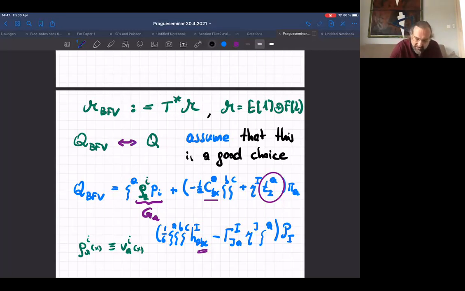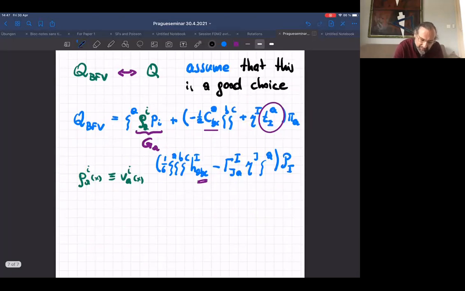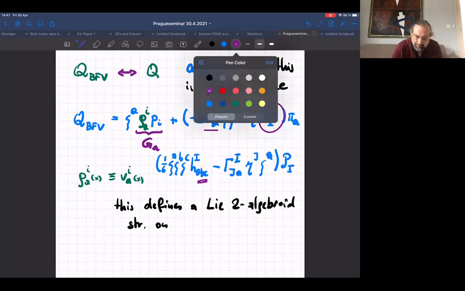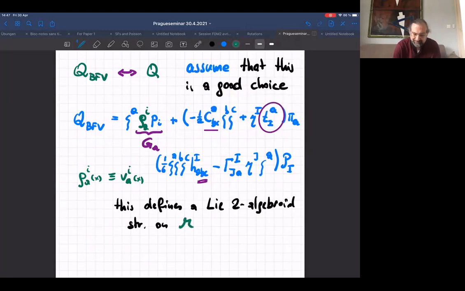So as mentioned, this defines a Lie2 algebroid structure on this curly M, or also on its cotangent bundle.